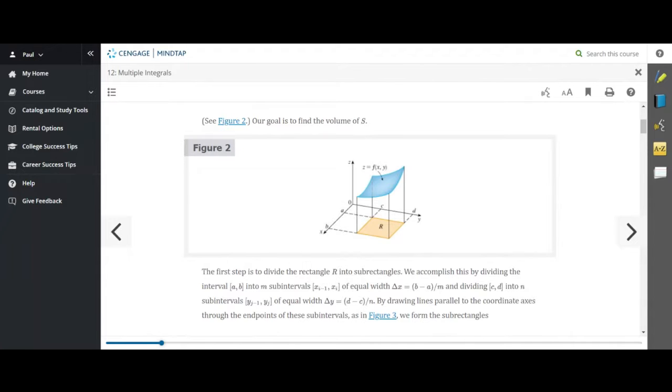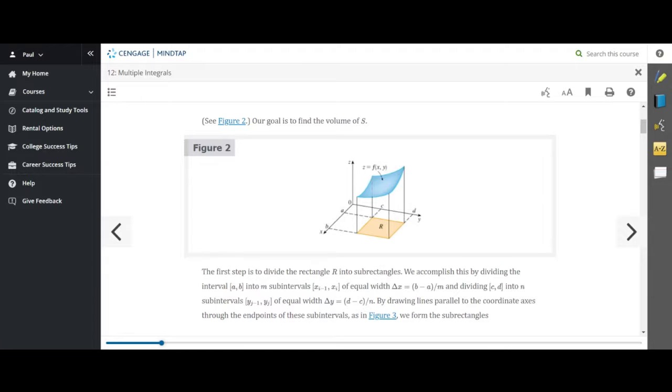What values do they go from? Good, that's right, you knew that. A to B. What about the y limits? They go from C to D.